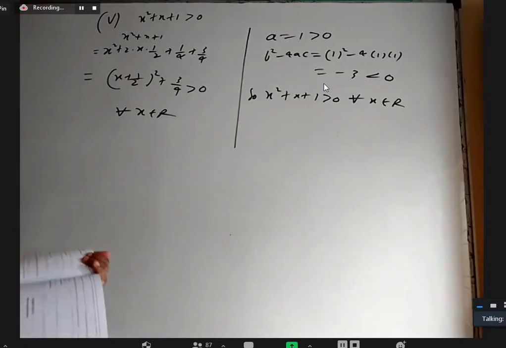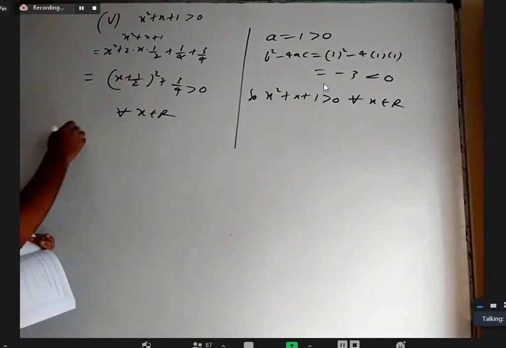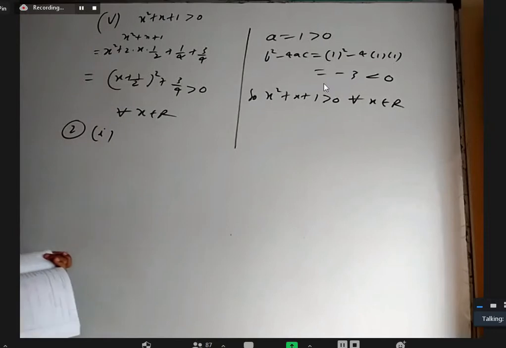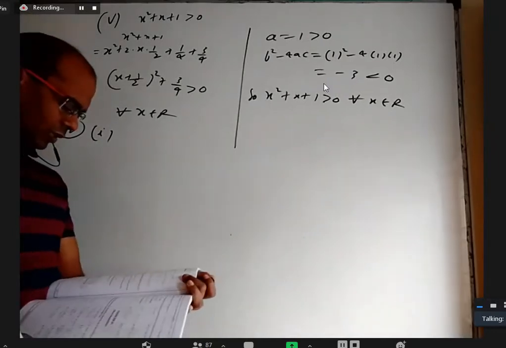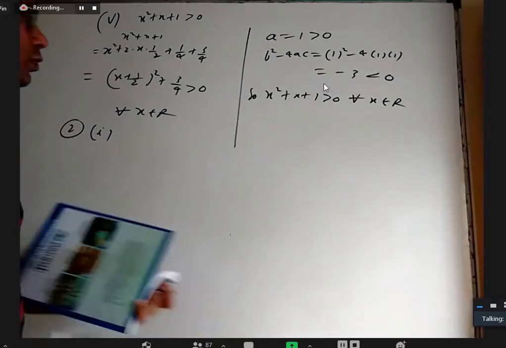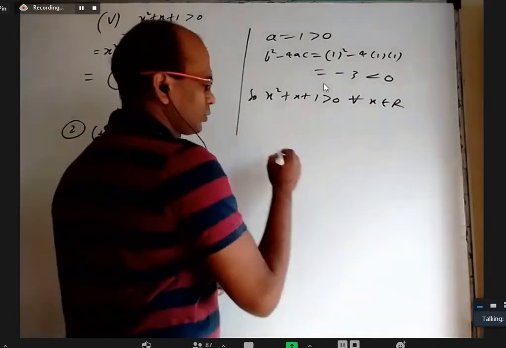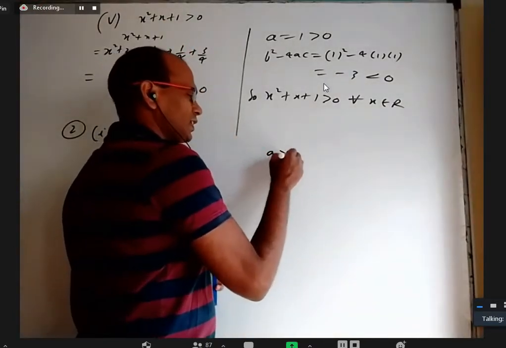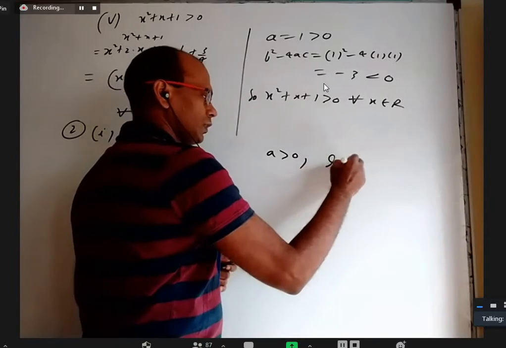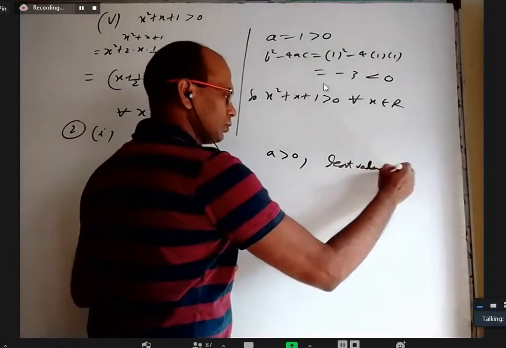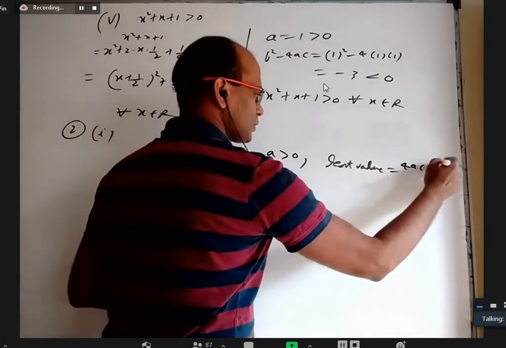Okay, within the second one, first one, they want us to find the greatest or least values of the expression. We all know, there are only two things. If a is greater than 0, least value is equal to 4ac minus b square by 4a.